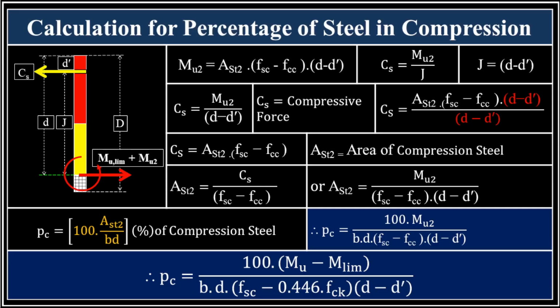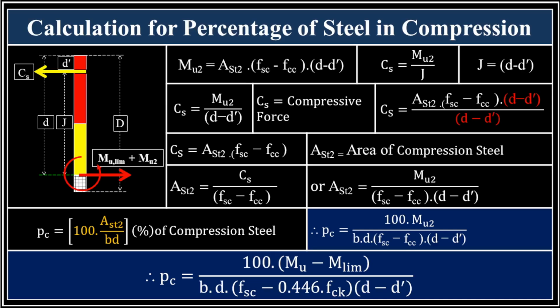Therefore, PC equals 100 multiplied by Mu minus Mu lim, divided by B multiplied by D multiplied by FSC minus 0.446 multiplied by FCK, multiplied by d minus d dash.